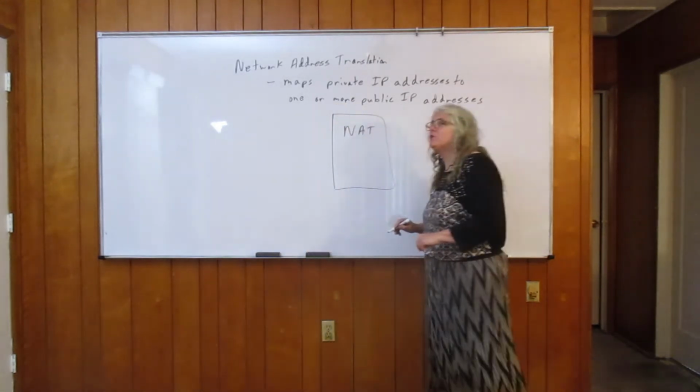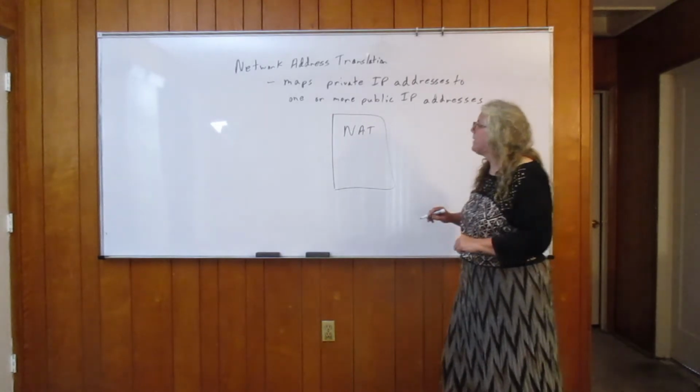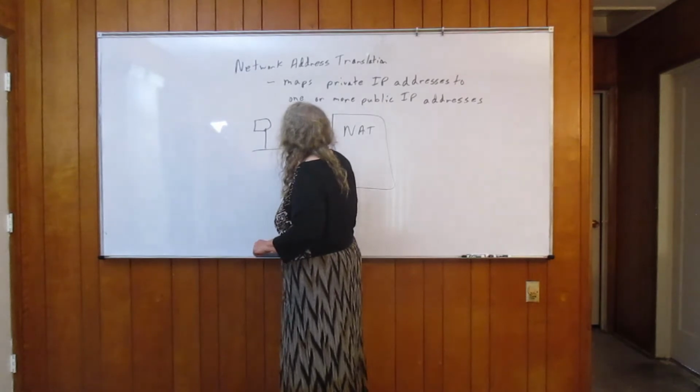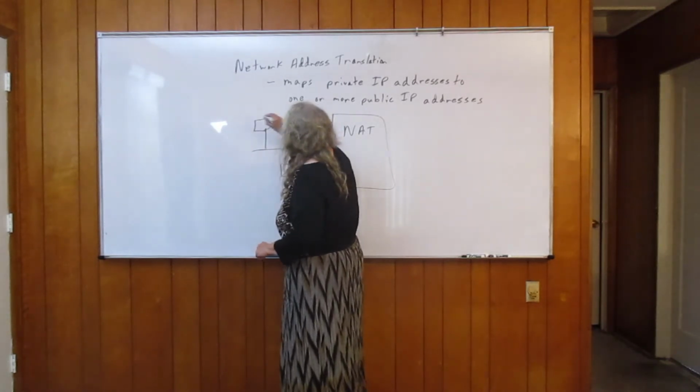Now the NAT actually creates a table of mappings that show, for instance, an IP address that's on the private network mapped over to the public network.